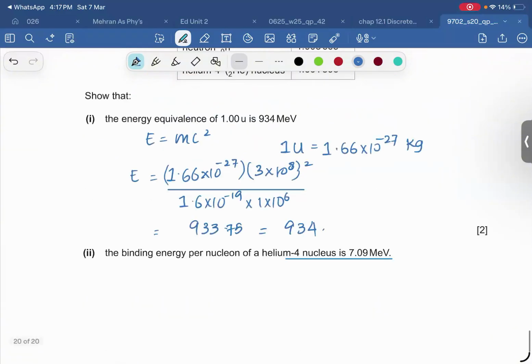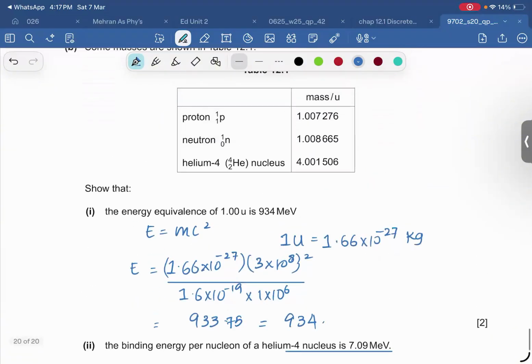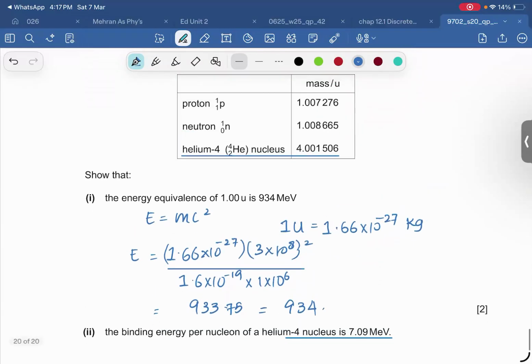They mentioned the helium nucleus with its mass, and they also mentioned the mass of the proton and the mass of the neutron. The mass defect is the difference between the existing mass and the calculated mass.